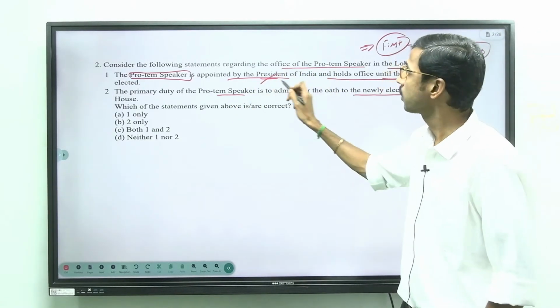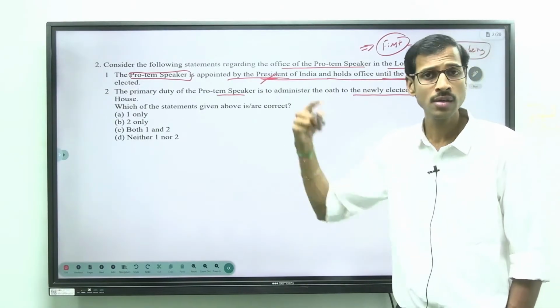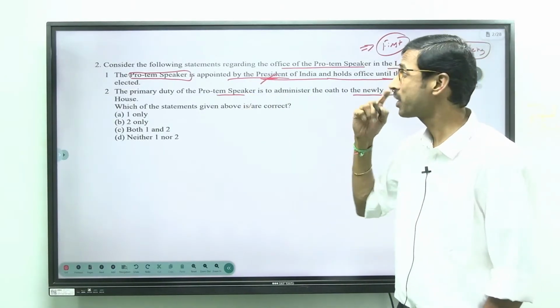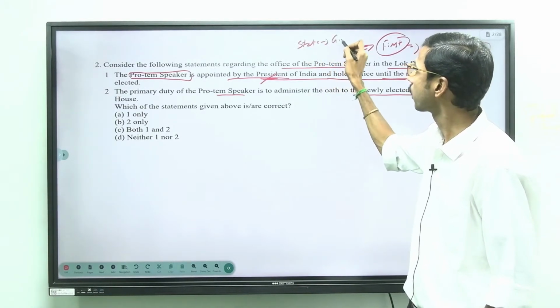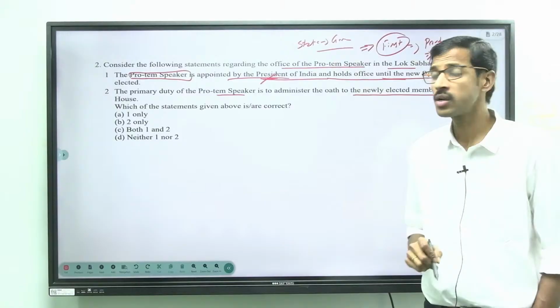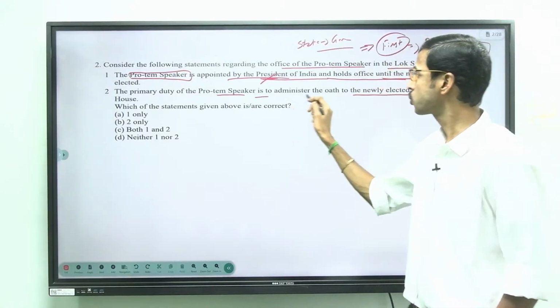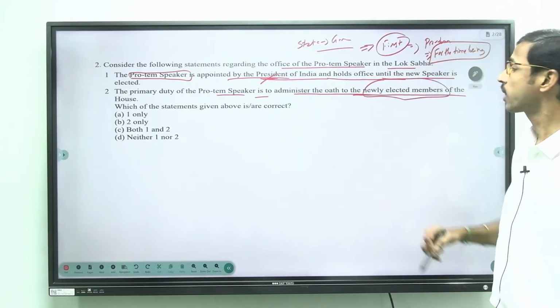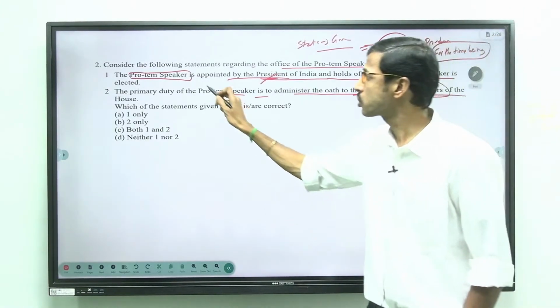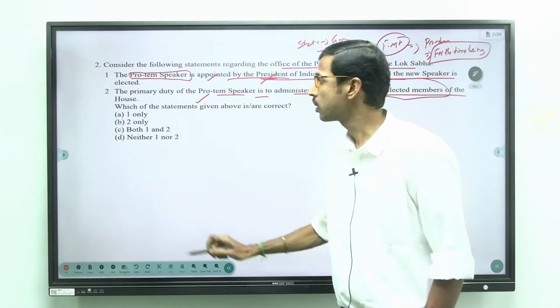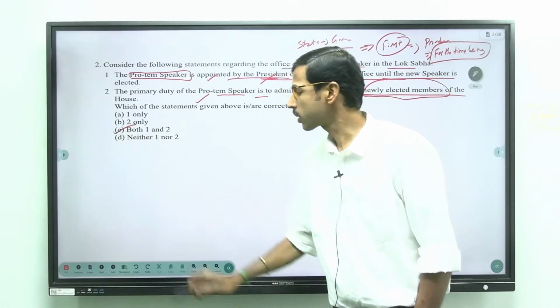At the center, he is appointed by the President, meaning the central government. If it is in a state, he is appointed by the Governor, right? That we have to understand. The primary duty of the pro tem speaker is to administer the oath to the newly elected members of the house, so that is correct. Completely these two statements are correct, so both 1 and 2 are the correct option here.